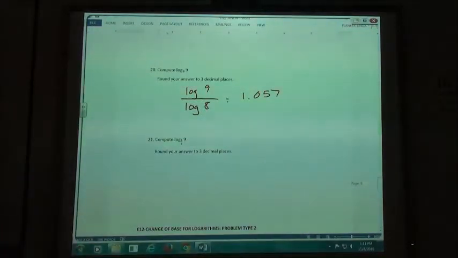So when they say 3 decimal places, they want 3 places after the decimal. So go ahead and do number 21. Be sure to put parentheses around your fractions just so your calculator knows that goes together.